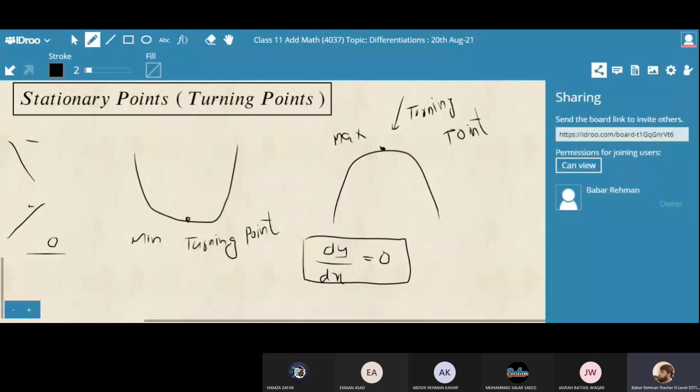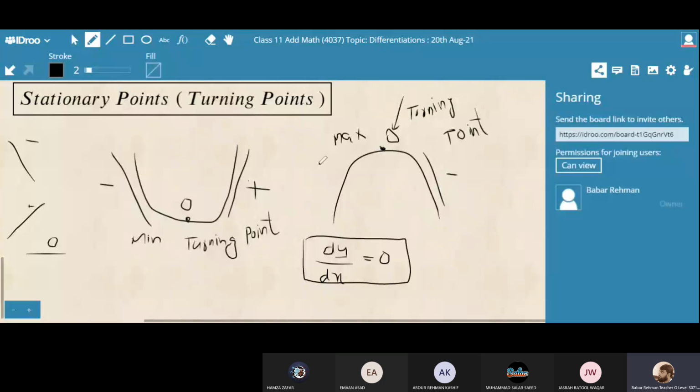Okay, now you consider the gradient of this tangent. If I draw tangent this side, the gradient will be negative, and on the right side, when there is a minimum point, gradient is positive, and here the gradient is zero. After zero gradient, when the point is maximum, the gradient will be negative.